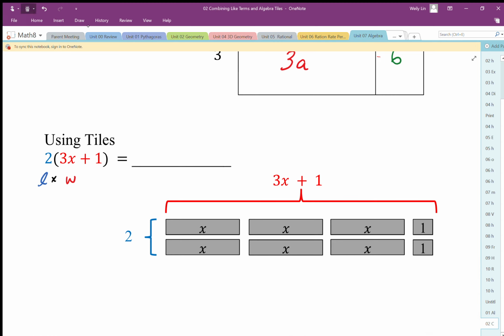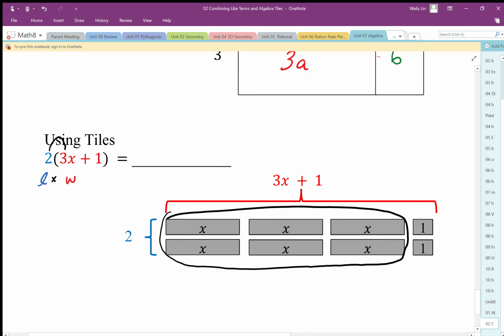And again, I could show this using this distribution. I can say that I have two groups of 3x. Well, that's going to be this group of two groups of 3x, or 2 times 3x. I'm just going to highlight that. So this is two groups of 3x, which is going to give me 6x.